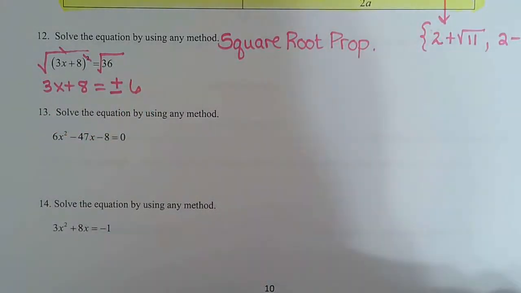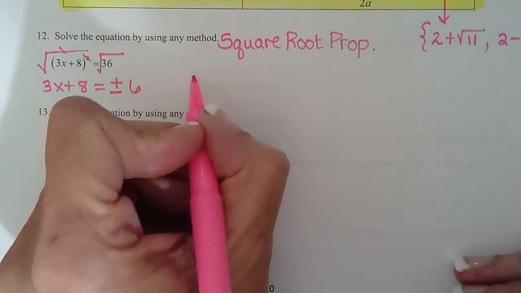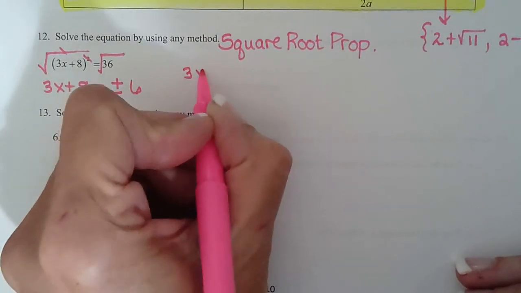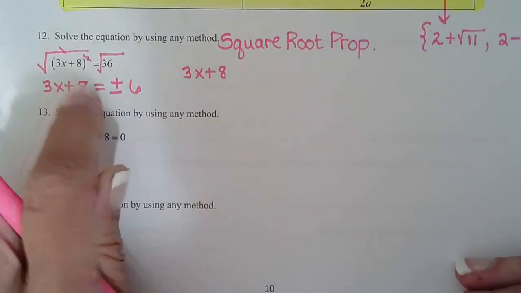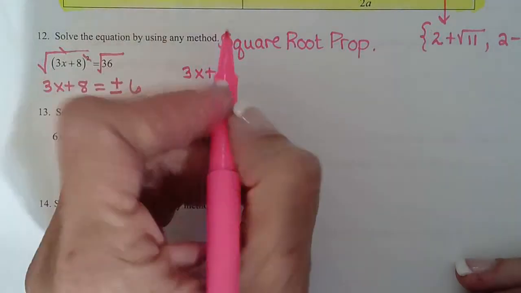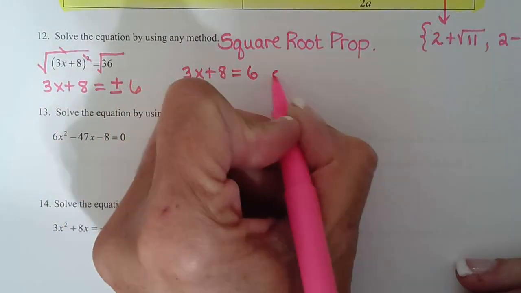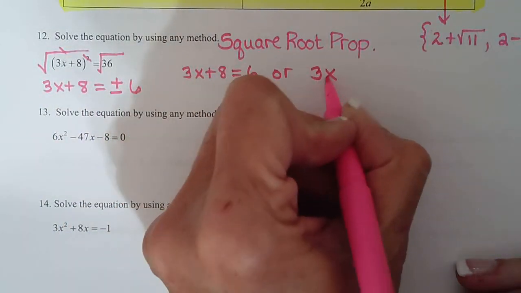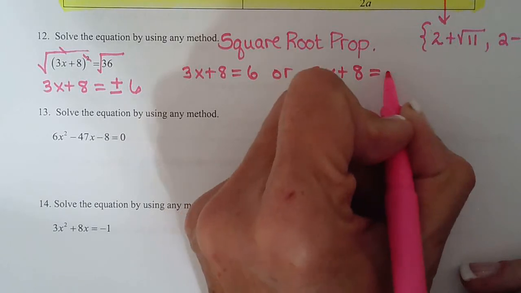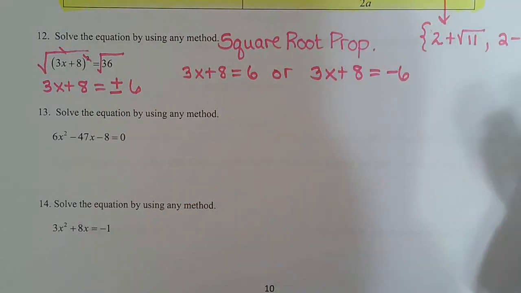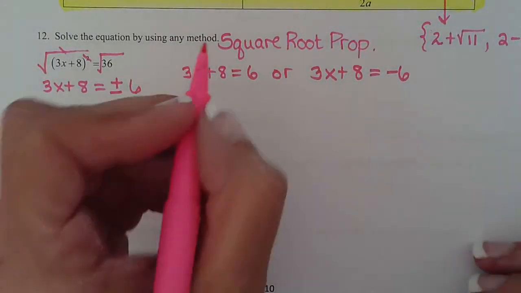And then we learned on this how to do 2 scenarios. So our first scenario that'll give us our first answer is 3x plus 8 equals positive 6. Our second scenario is 3x plus 8 equals negative 6. Solve those 2 and you'll have your 2 solutions.